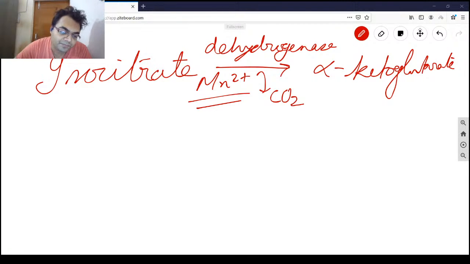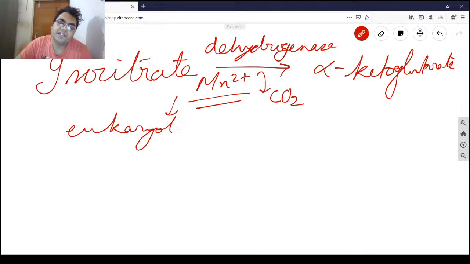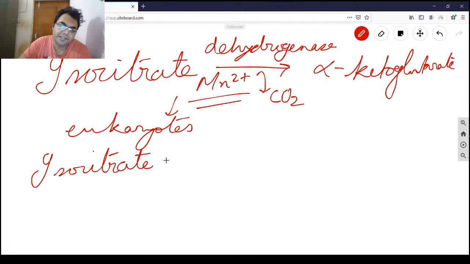In human beings, especially eukaryotes, because we do belong to the class eukaryota, there are two classes of this isocitrate dehydrogenase enzyme that converts isocitrate to alpha ketoglutarate.